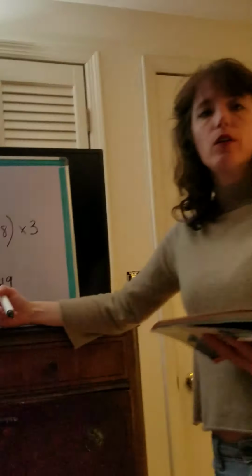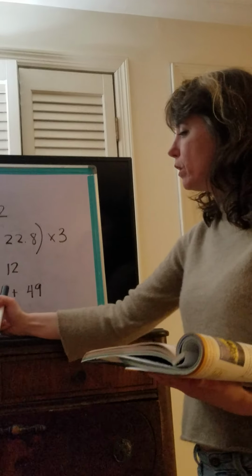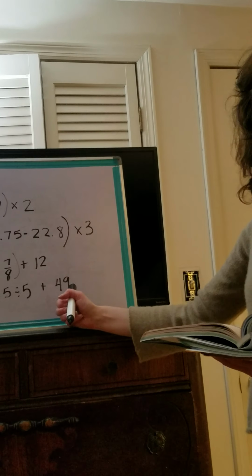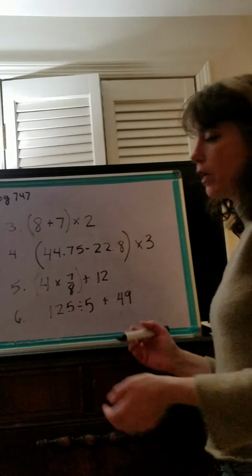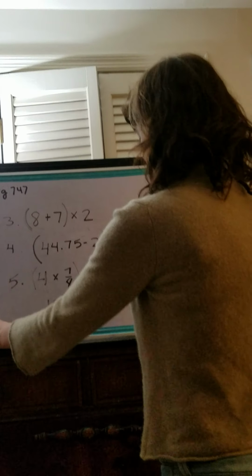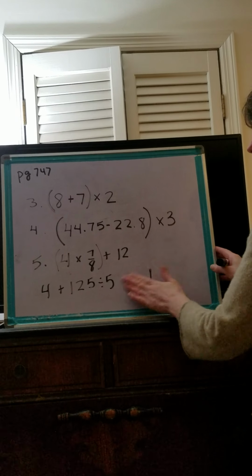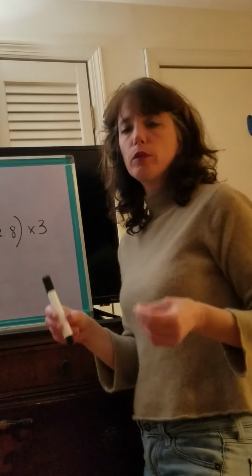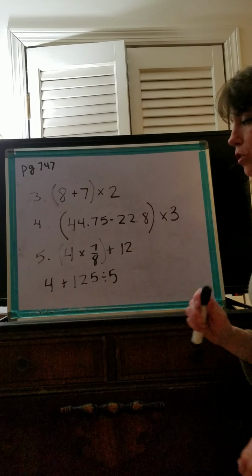This again is another example where you could solve this correctly doing division first and then addition. Or you could add the parentheses. And that would still be correct because order of operations says you have to solve the division or multiplication first.